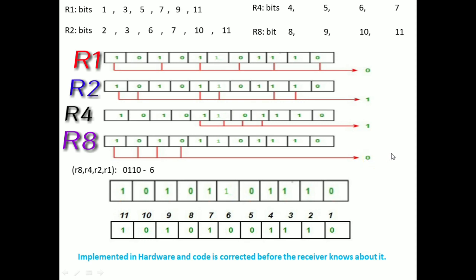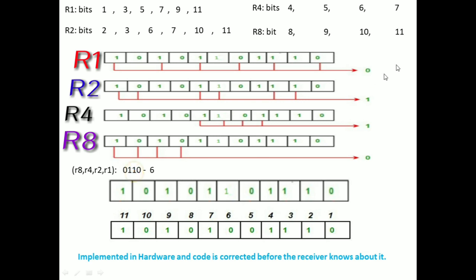So now we have got the values of R1 as 0, R2 as 1, R4 as 1 and R8 as 0. We have to represent this in this manner: R8, R4, R2, R1. What is the R8 value? 0. R4 value is 1 here.